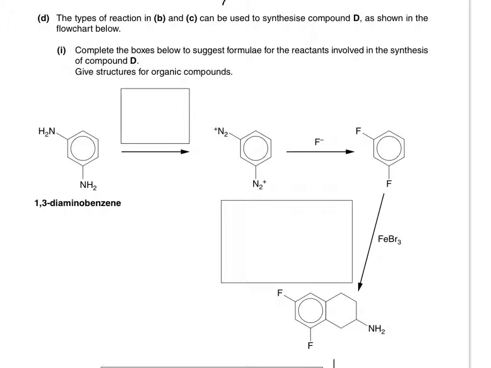So I'm essentially doing this. I'm working my way around, thinking to myself, what does it mean as I go around this reaction scheme? So I'll start by annotating in blue what each of the stages mean.